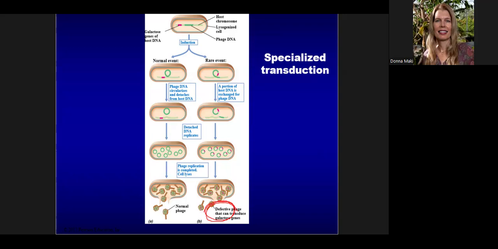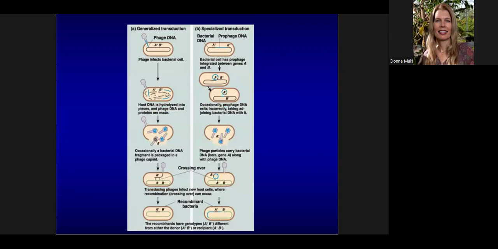Other questions? This image here is putting generalized and specialized on one comparison figure for you to look at as you're studying.